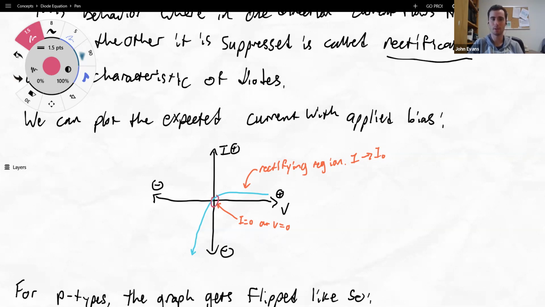And then, of course, at V equal to 0, the current is equal to 0. And then at a negative applied bias, we're going to have a very high current because we have an exponential dependence now of current on voltage.